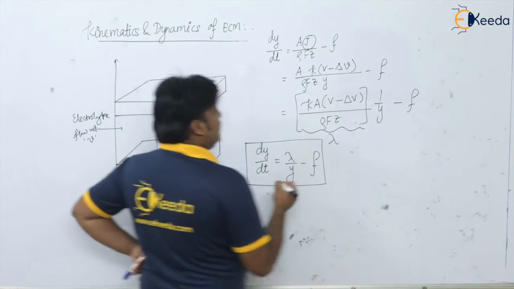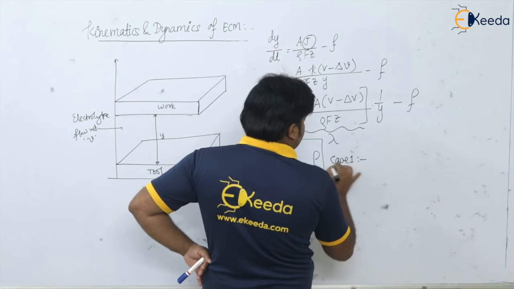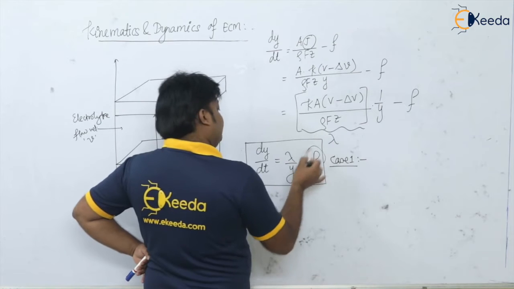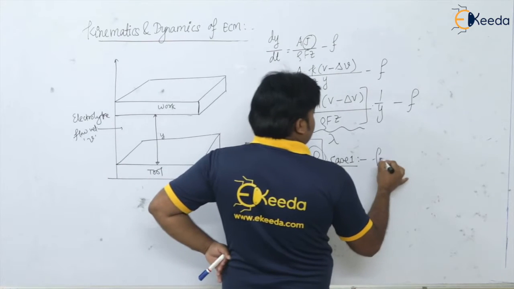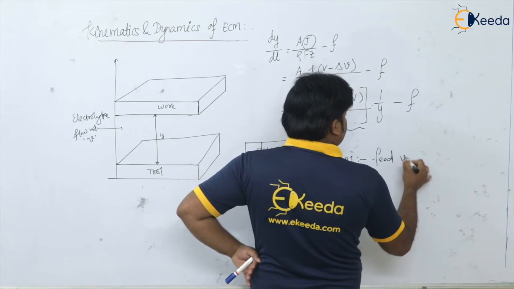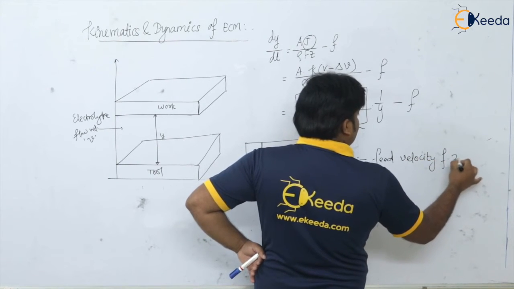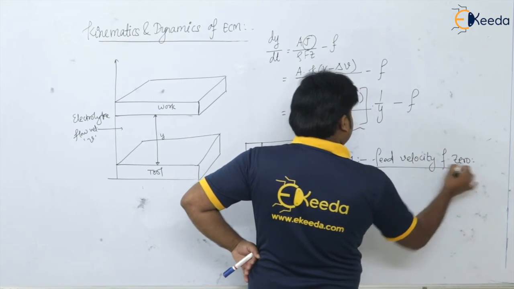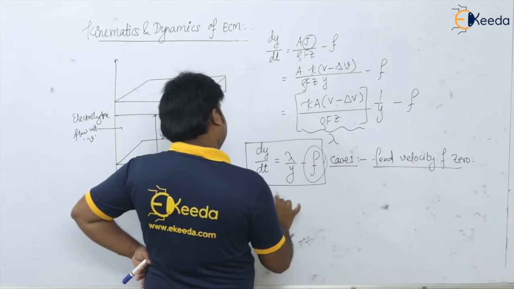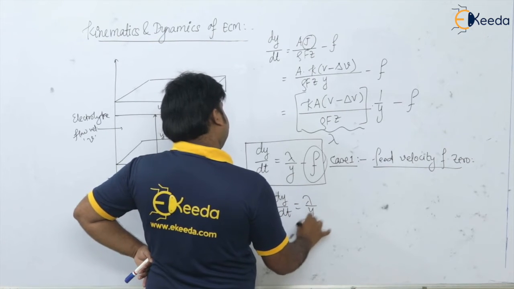If I take case number 1, when the feed for the workpiece, the feed velocity small f, is 0, what will happen? What can we write? dy by dt is equal to lambda by y.